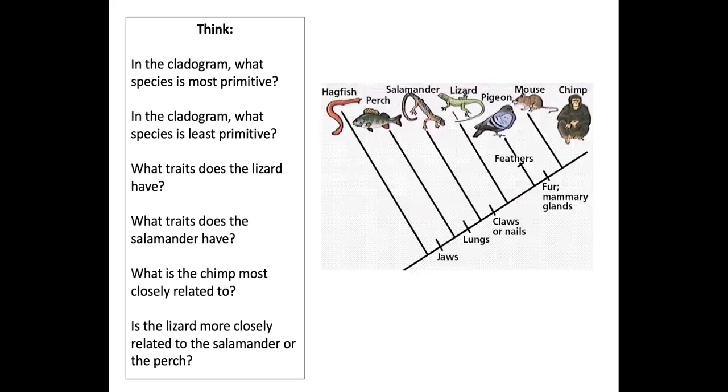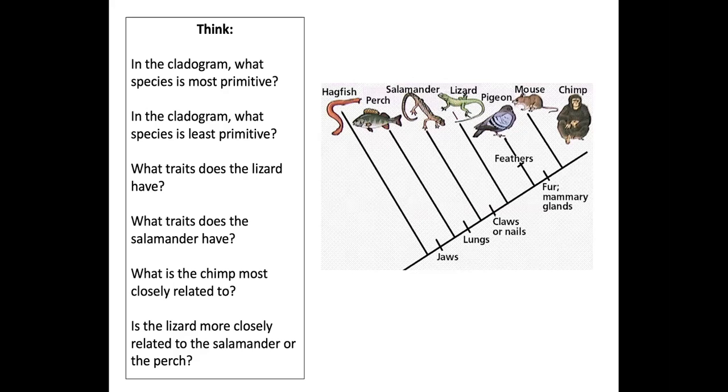So let's look at this and run through this. So in the cladogram, what species is most primitive? Primitive means what? Oldest. So the hagfish. What species is the least primitive? The chimp. What traits does the lizard have? Claws or nails, lungs, and jaws.